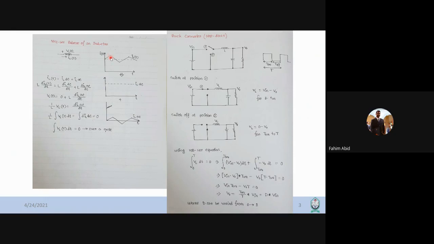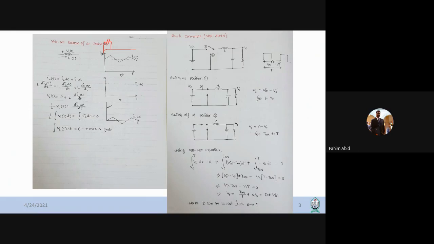What it means is that if the voltage across the inductor is somewhat like a fixed value, then for this fixed part, if we do the integration, it will be a slope like this.